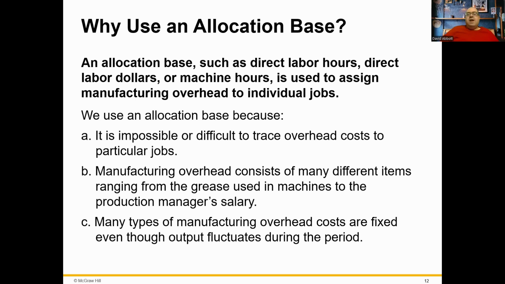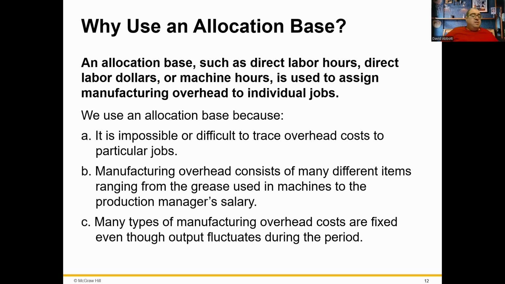Now, we use an allocation base because it is impossible or difficult to trace overhead costs to particular jobs. Also, manufacturing overhead consists of many different items, ranging from grease that's used in machines to the production manager's salary. So you're not going to be able to quantify exactly how much goes into any particular job.